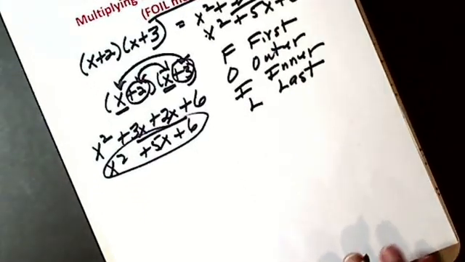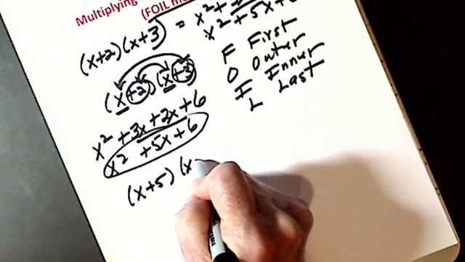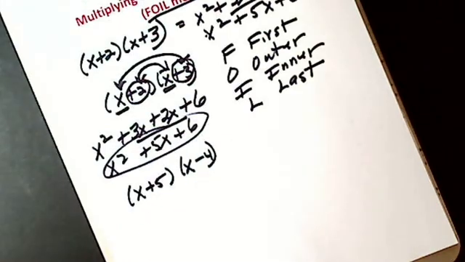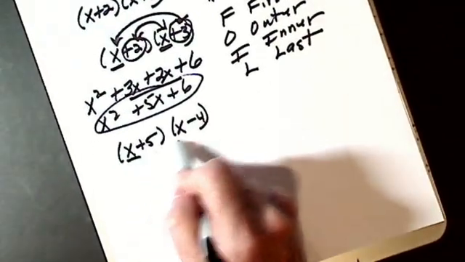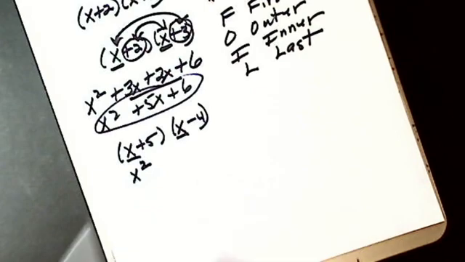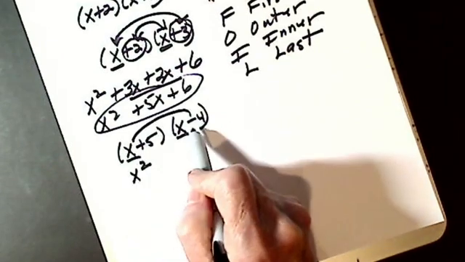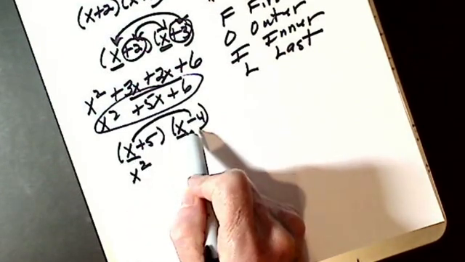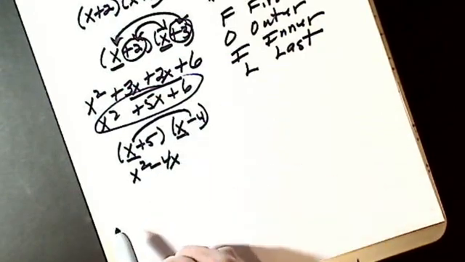Let's do another one. Let's do x plus 5 times x minus 4. I multiply my firsts. X times x is x squared. I multiply my outers. These are my outers. Minus 4, I'm not copying over the minus. I'm thinking unlike signs. I get minus 4x.